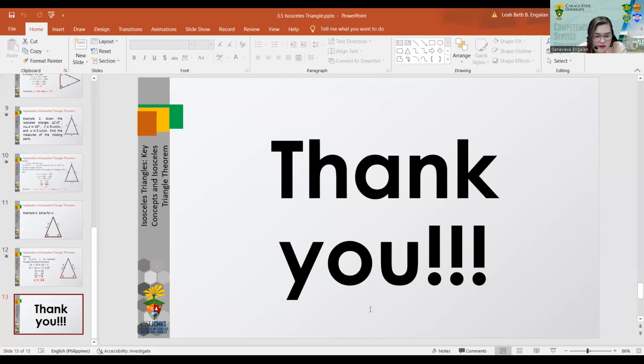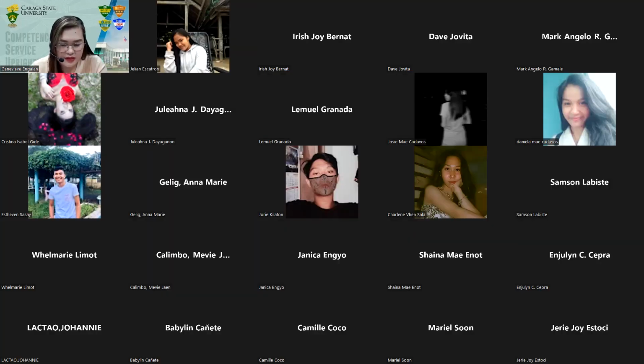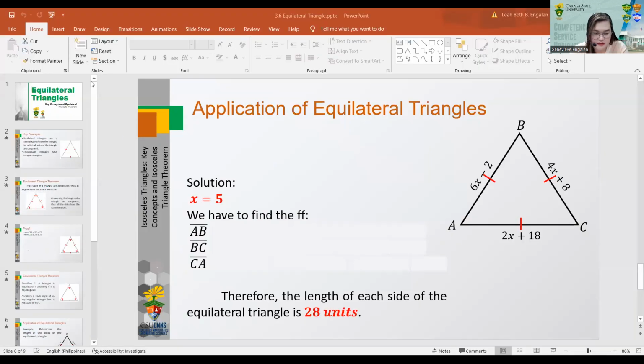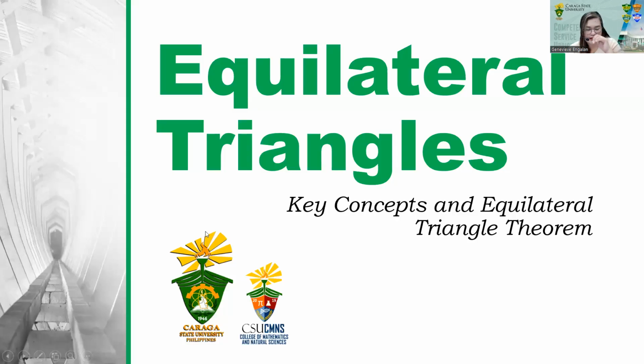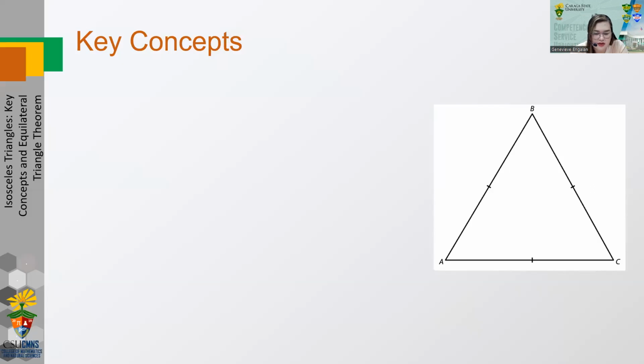Okay, so that's it for the isosceles triangle. So karon equilateral triangle na pata. Okay, equilateral triangles. Key concepts and the equilateral triangle theorem.